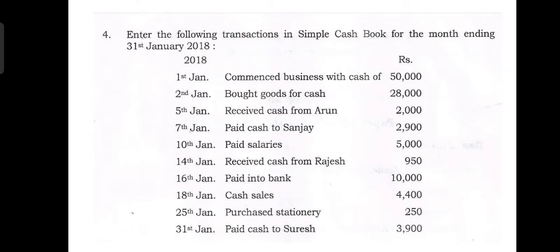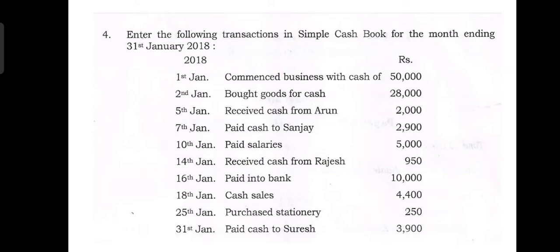The actual payment of cash made to any person for any reason belonging to any period, either for the current year or for the previous year or for the future year, whatever, if you are making actual payment of cash, that you are going to record under payment side.